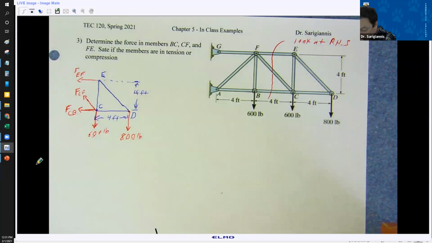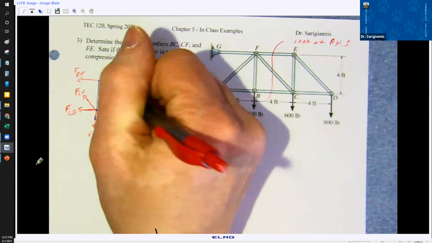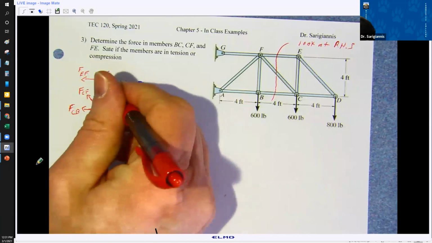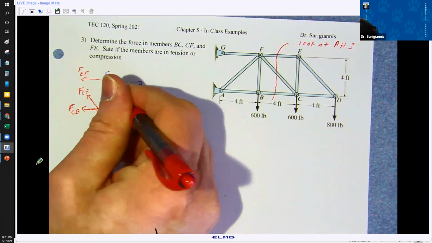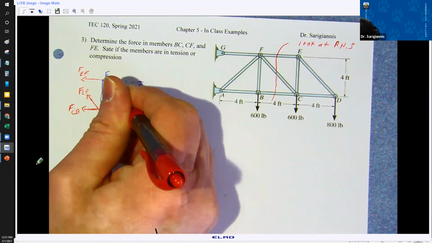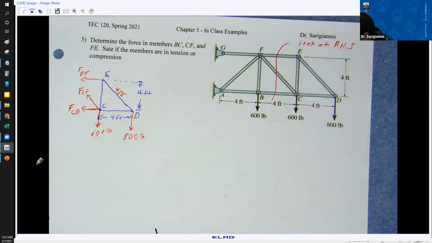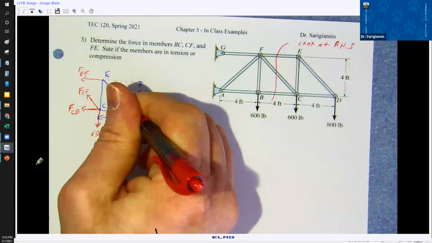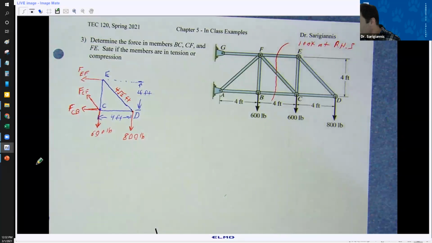I mean, you could put the length here of the hypotenuse, right? 4 square root of 2 feet for the hypotenuse, but that's something you can calculate. Okay, so now we've got this free body diagram, and we say, how the heck do we do this?